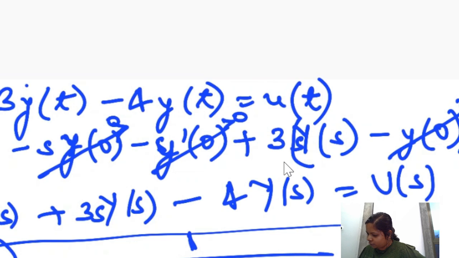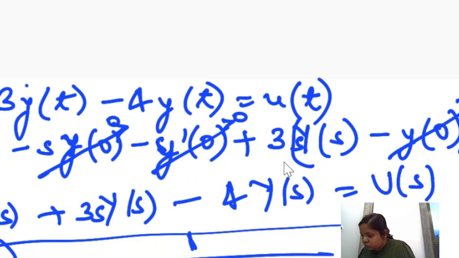At this point Y(s) upon U(s) is equal to this expression. You have found something that provides a relation between the input and output of the system. You say Y(s) is equal to something times the input. So you have really found the transfer function of a system. Given an input U(s), what output is it going to give. So basically you know what kind of system it is going to be. So this is a transfer function.